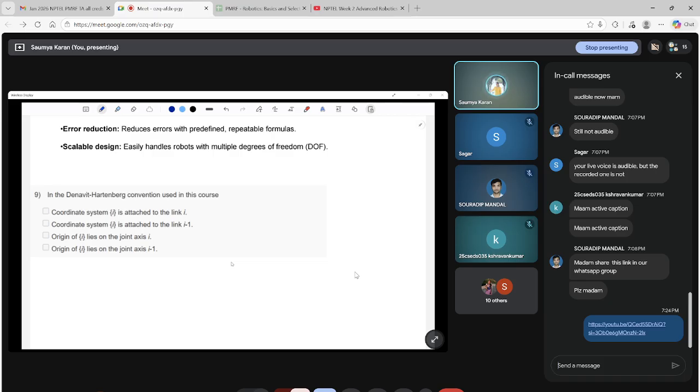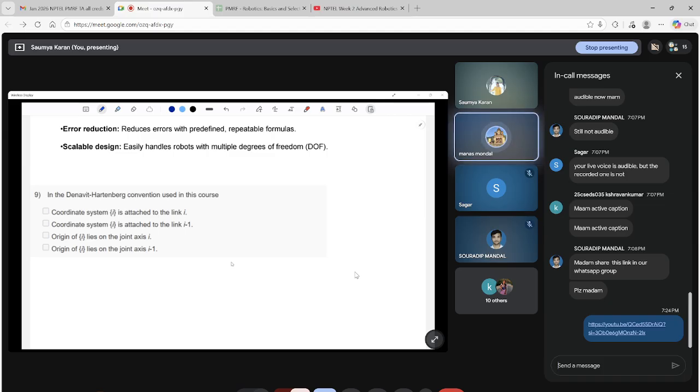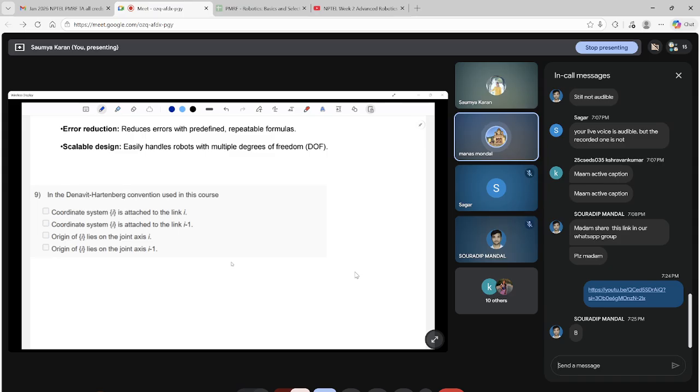We just want to know about the convention, which of them is correct. The second one is correct: coordinate system I is attached to the link I minus 1. Are you sure about it? Is it I minus 1 or I?